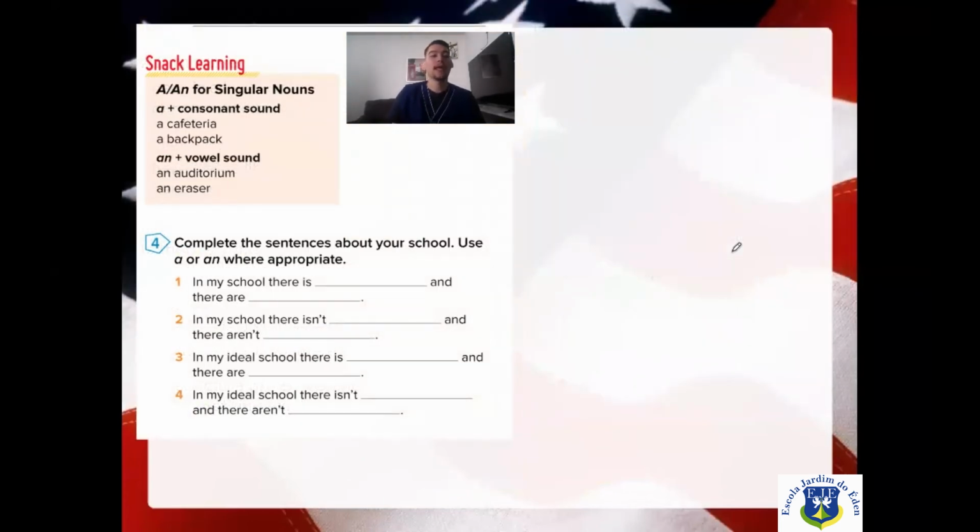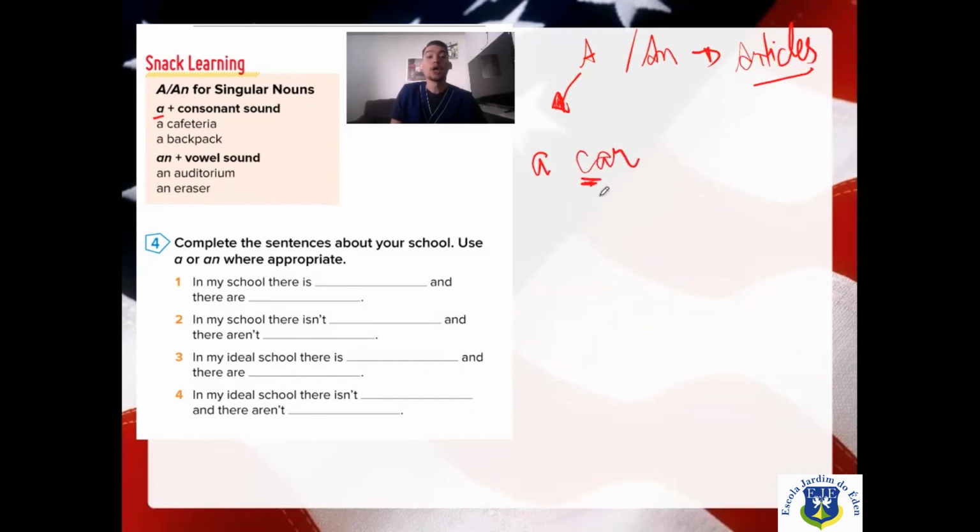Snack learning. A-N for singular nouns. Pay attention. We have A and we have N. These are the articles. Okay, the articles in English. Okay, pay attention. We are going to use A when we have a consonant sound. So pay attention. A, we are going to use when the word starts in a consonant. Okay, so pay attention. We have a car. So C is a consonant.